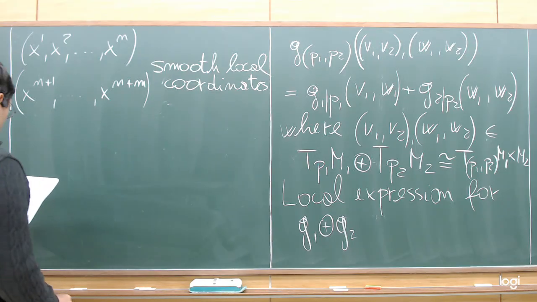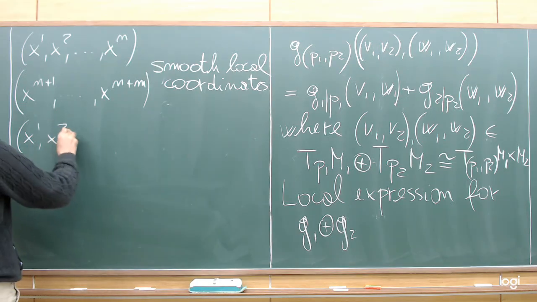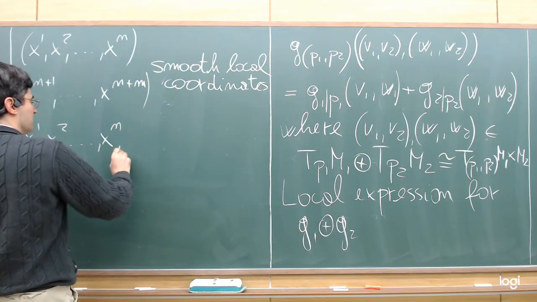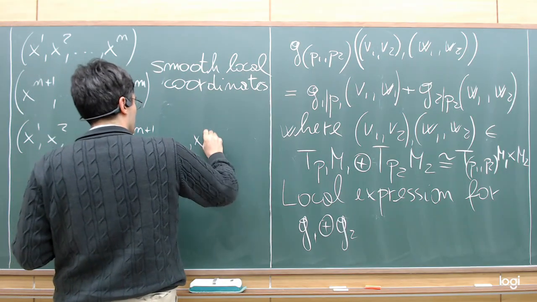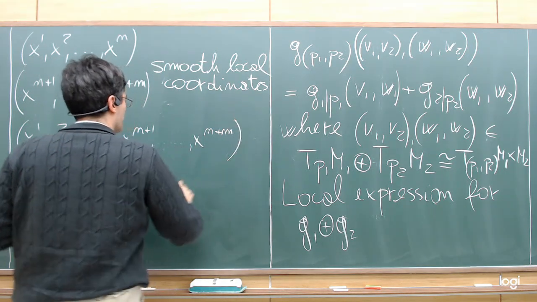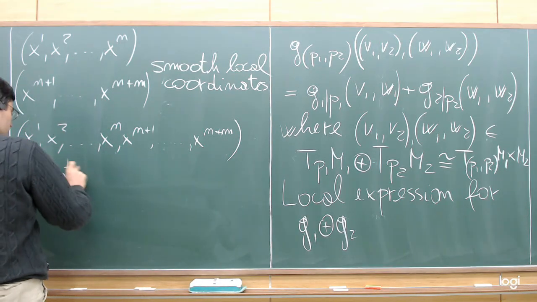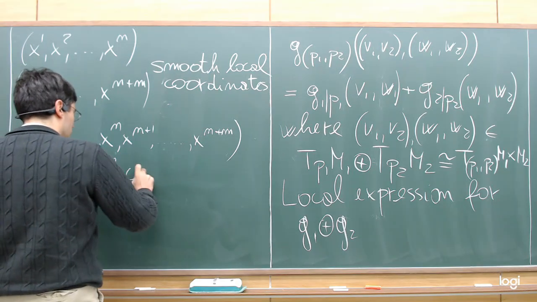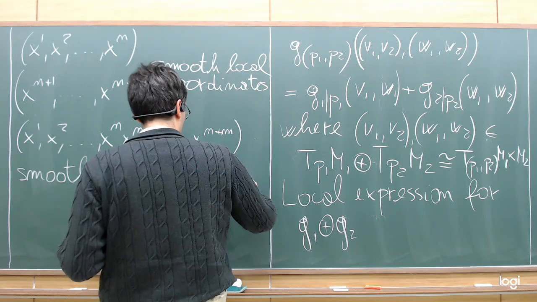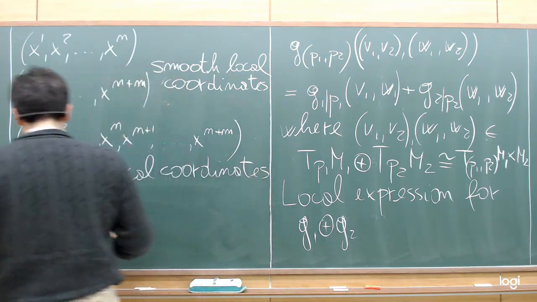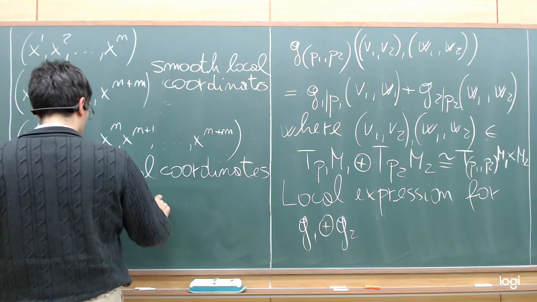Then it is clear that x1, x2, ..., xn, x_(n+1), ..., x_(n+m) are smooth local coordinates for M1 times M2.